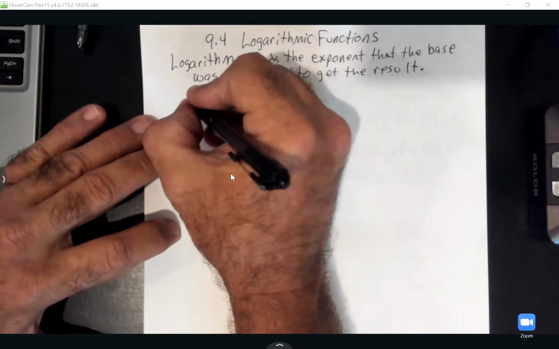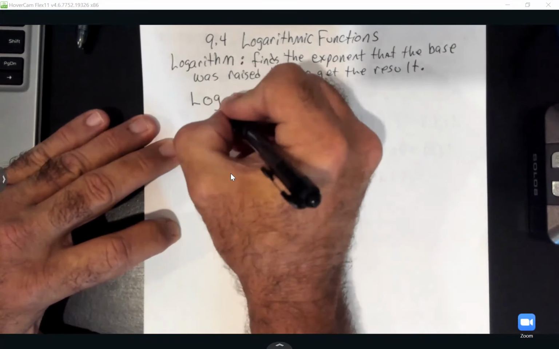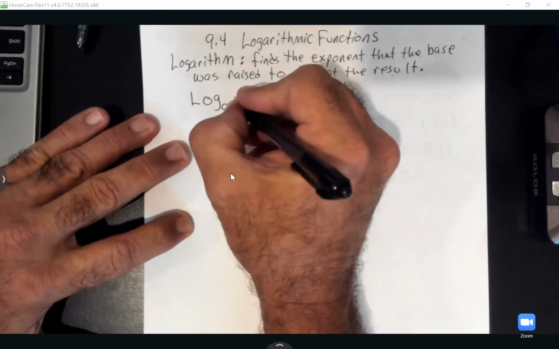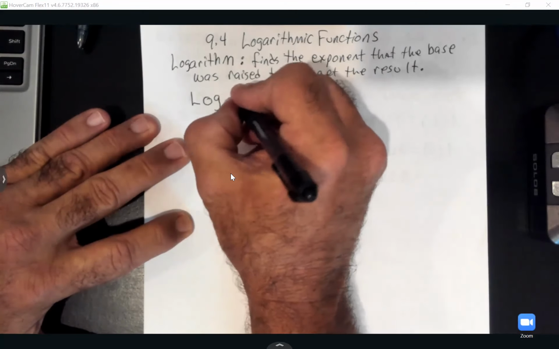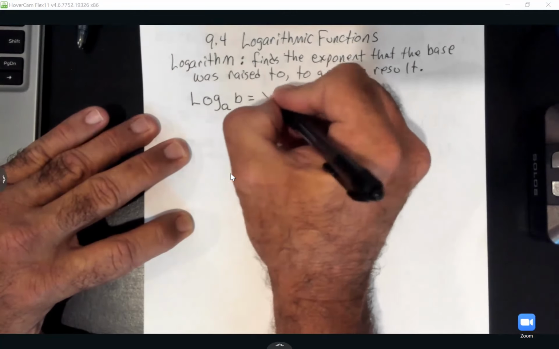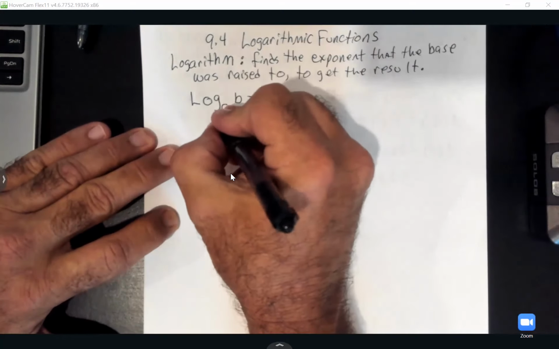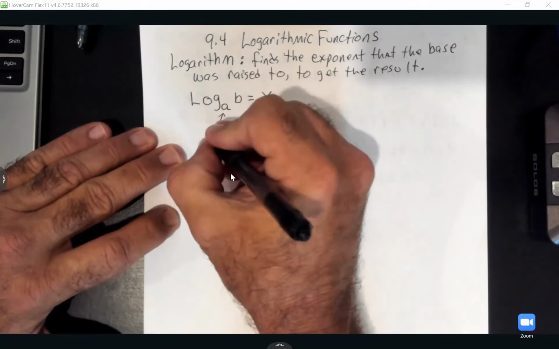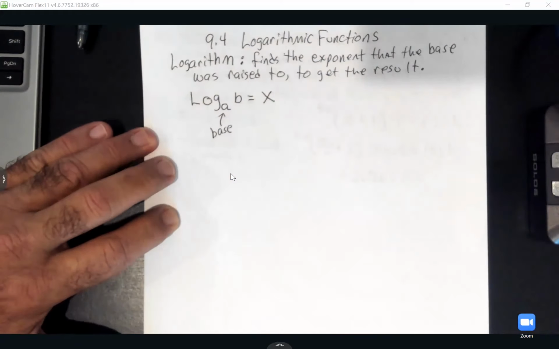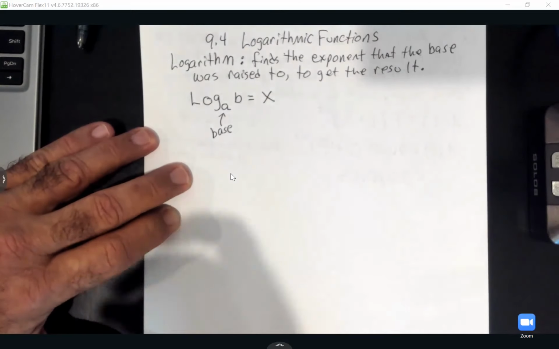So let me show you how that's going to look. I'm going to have a logarithm A of B equals, say, X. This little A right here is what we call the base. It's the number that was being raised to the exponent.